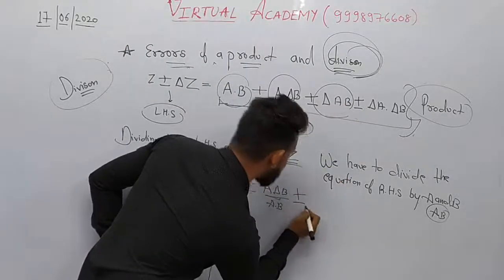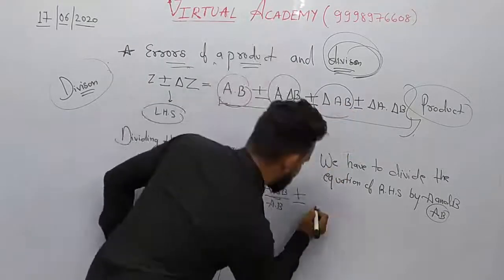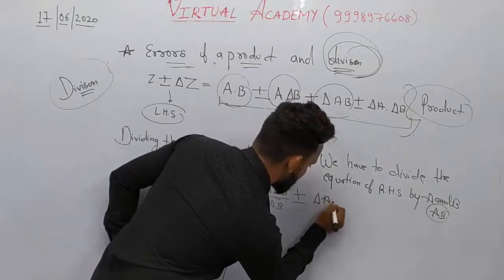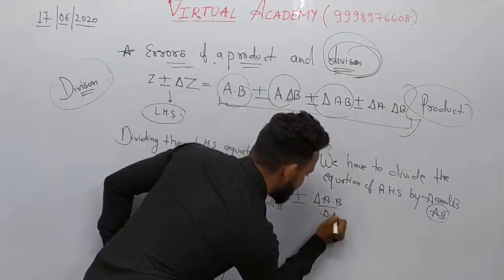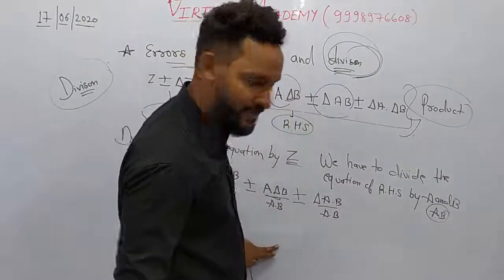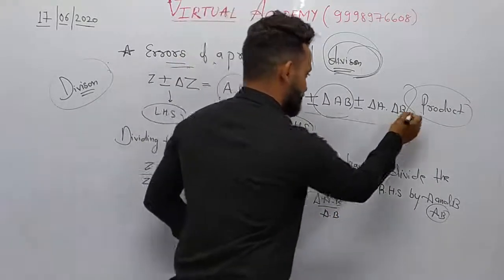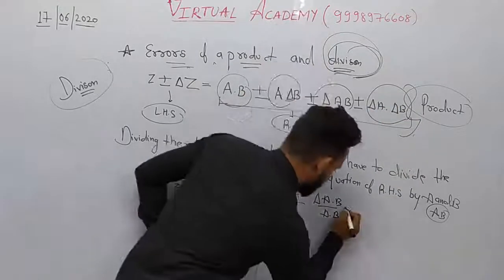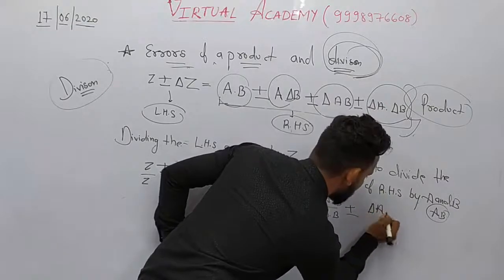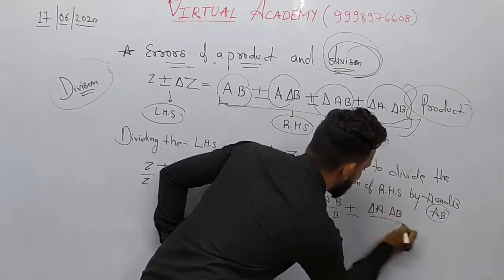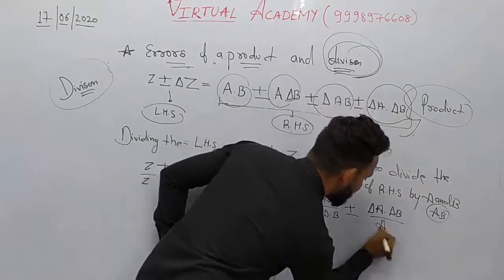It's a symbol of plus and minus, delta A into B. Now divide this equation by AB. Clear? Now this last term, delta A into delta B, is divided by AB.